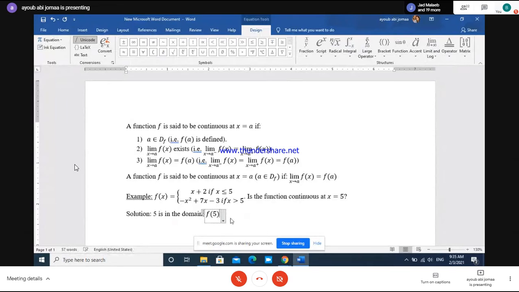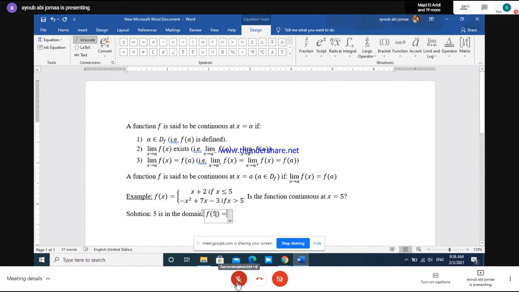And f of 5, what's f of 5? Where do you replace x by 5, in the first one or in the second one? First one, where we have equal. Again, to remind you, piecewise functions: when you say f of x is equal to this or this, according to the values of x.